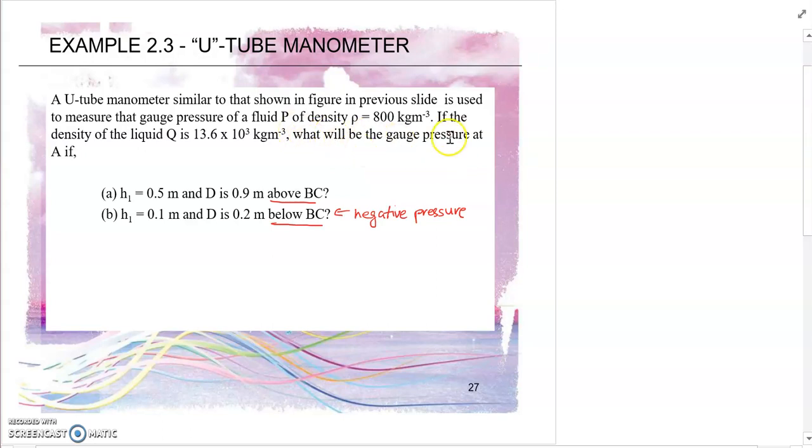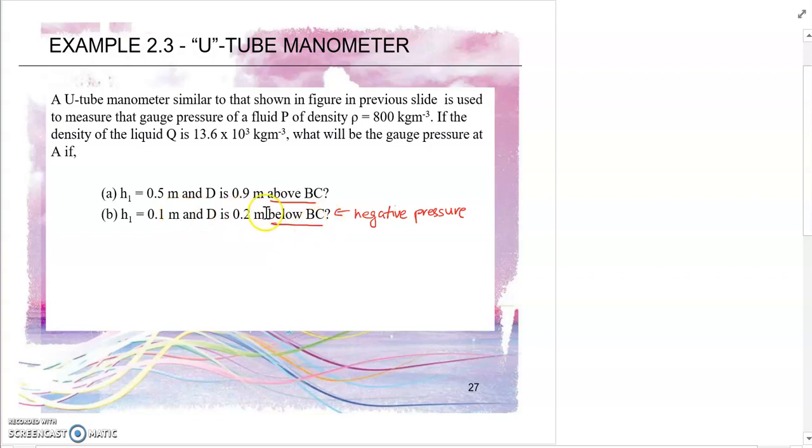Okay, so we want to find PA. In the first case, H1 is equal to 0.5 meter and D is 0.9. So D is your H2 above BC. And for the second case, part B, H1 equal to 0.1 meter and D is 0.2 meter below BC.